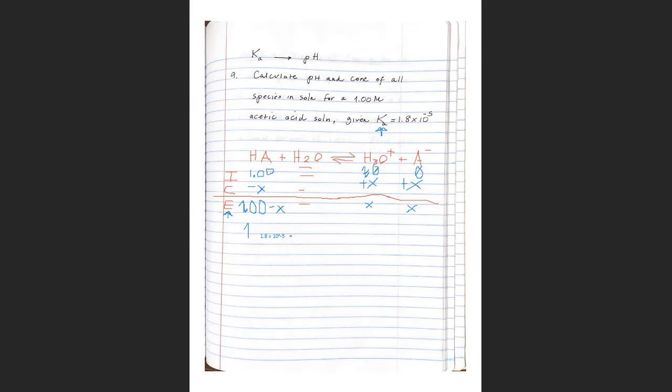So here, you would set it up as 1.8 times 10 to the power of -5 equals x squared over 1.00 minus x. Now, I can make the x is small approximation because of two criteria.